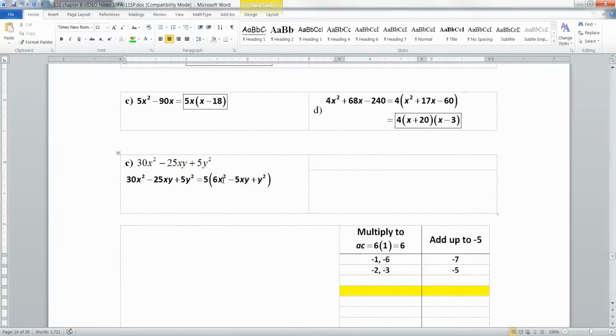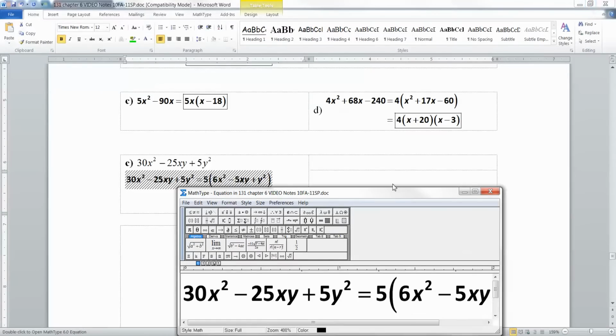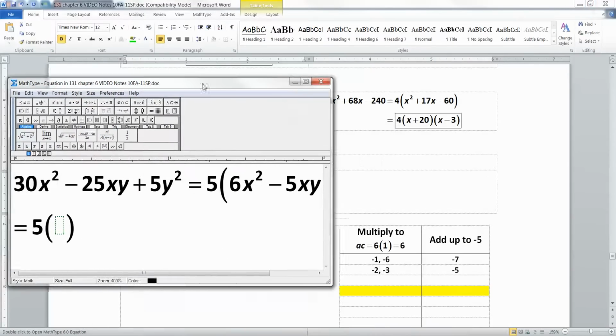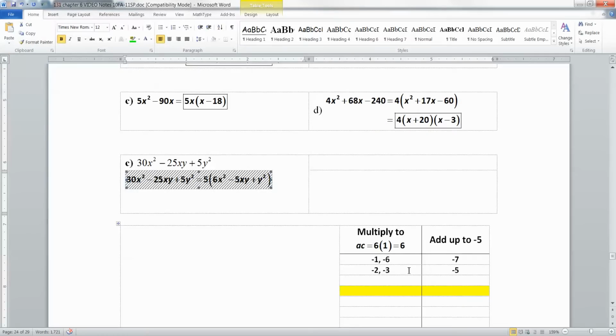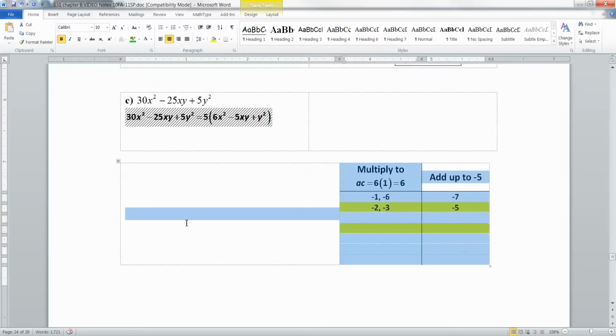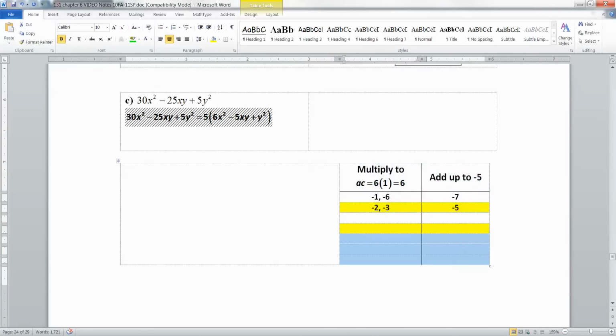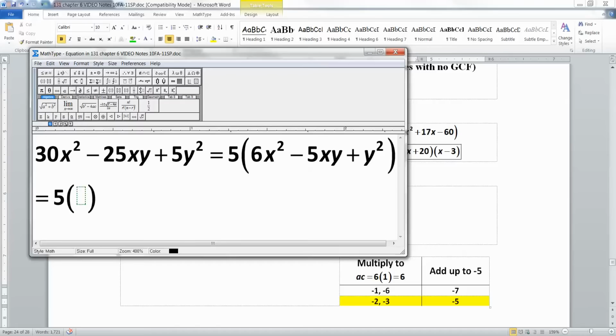Let me delete all this. So let's see here. I'm going to break it up into 5 times, and I'm going to do that factoring by grouping thing where I'm going to break up that middle term. It was negative 5xy. I'm going to write it as minus 2xy minus 3xy. So it's 6x squared, but instead of the minus 5, this part right here is going to get broken apart.